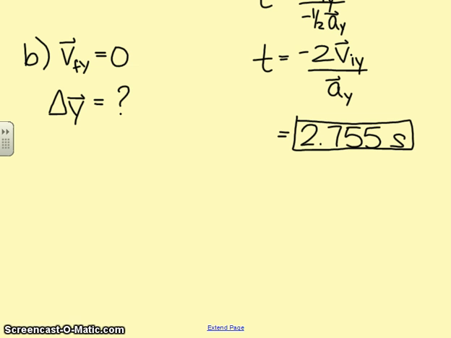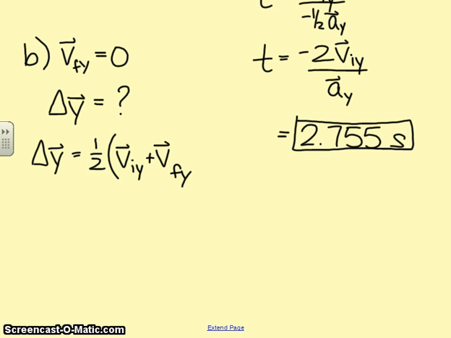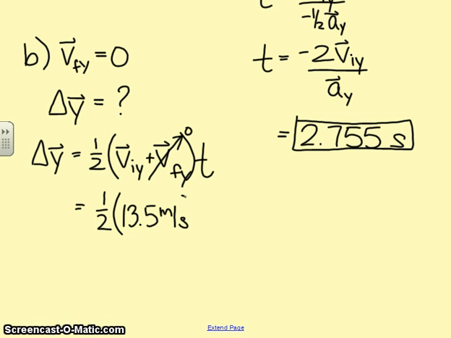Now, you can use 3 out of the 4 equations to solve for this delta y. It doesn't matter which one you use. I'll use the one that says delta y equals 1/2 (v_iy plus v_fy) times time. I don't have to do any algebra to solve for delta y in this equation. v_iy is 13.5 meters per second, and v_fy is 0.